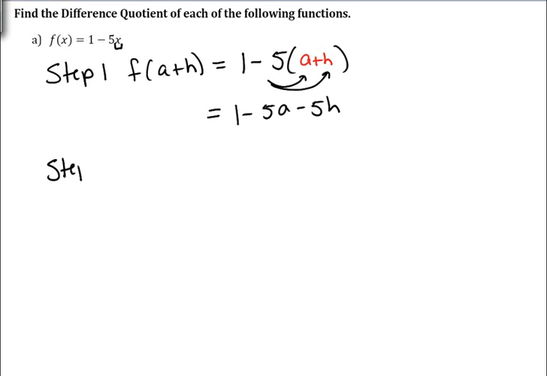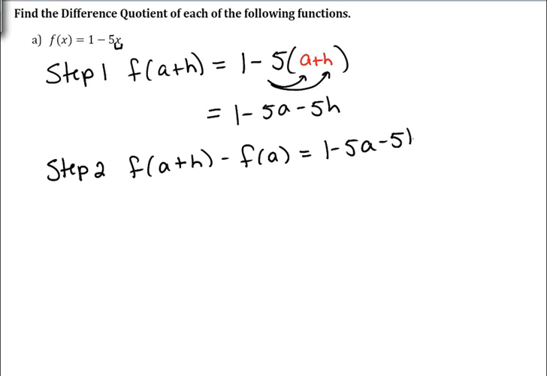Step 2 is to subtract f of a from what we got in step 1. So from step 1 we got 1 minus 5a minus 5h. And then we're going to subtract off from that f of a.